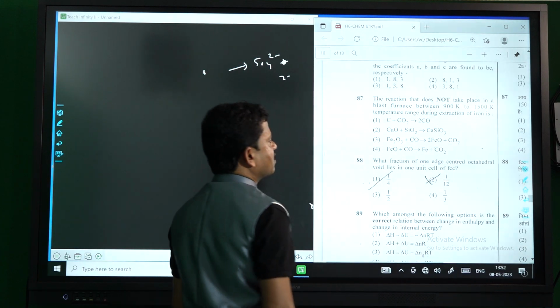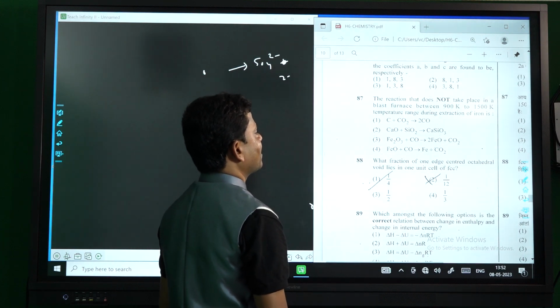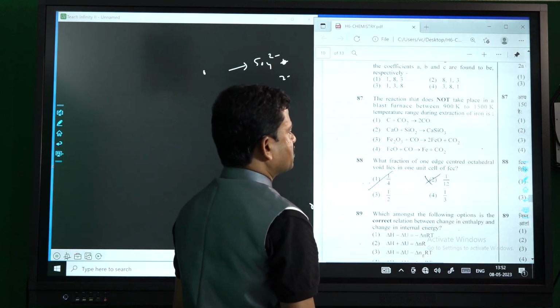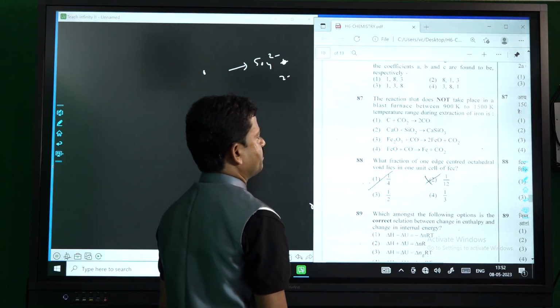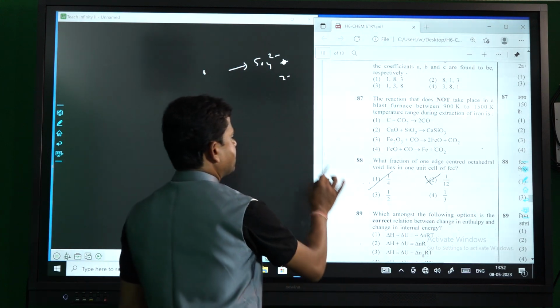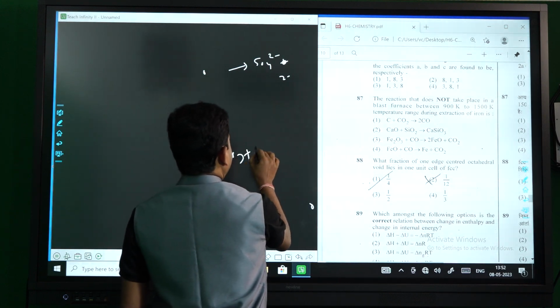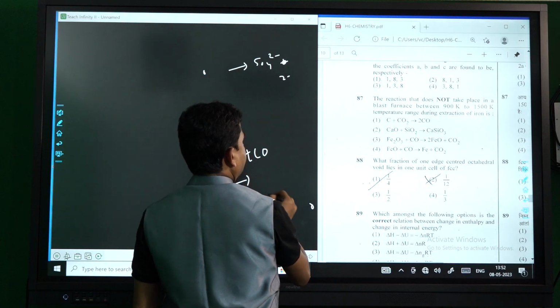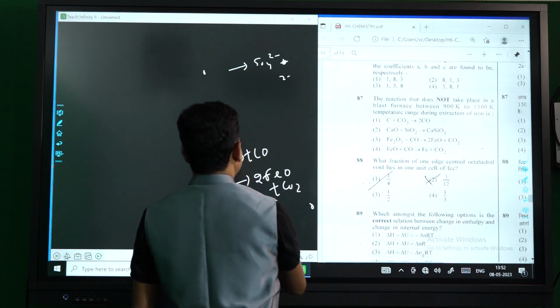The reaction that does not take place in a blast furnace between 900 Kelvin to 1500 Kelvin temperature range during extraction of iron. So dear students, in your option 3, Fe2O3 plus carbon monoxide as a reducing agent gives 2FeO plus carbon dioxide.